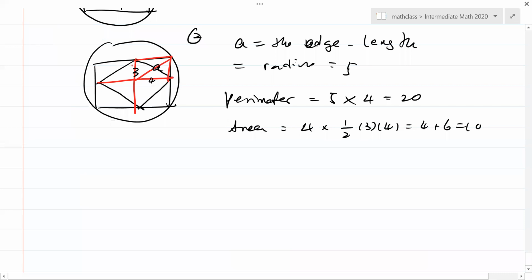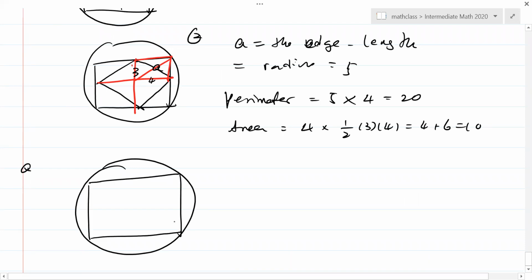Now, here's a question. We're almost done, right? If I draw a rectangle, this is 8, that's 6. This is the middle point. And on this diagonal, the diameter, I connect these two.